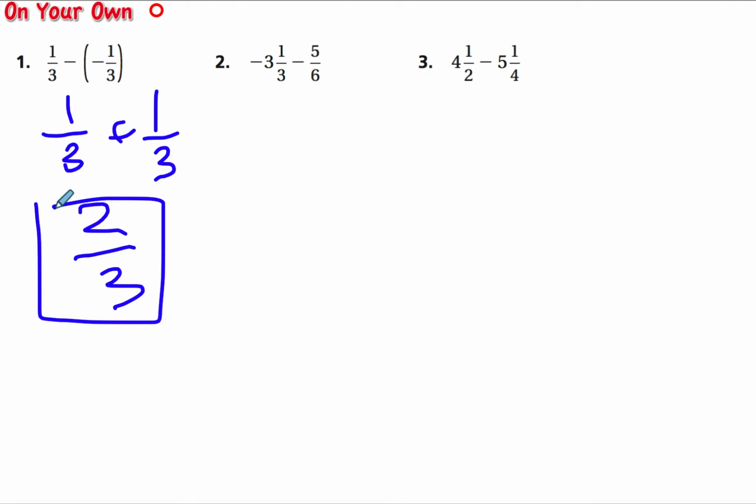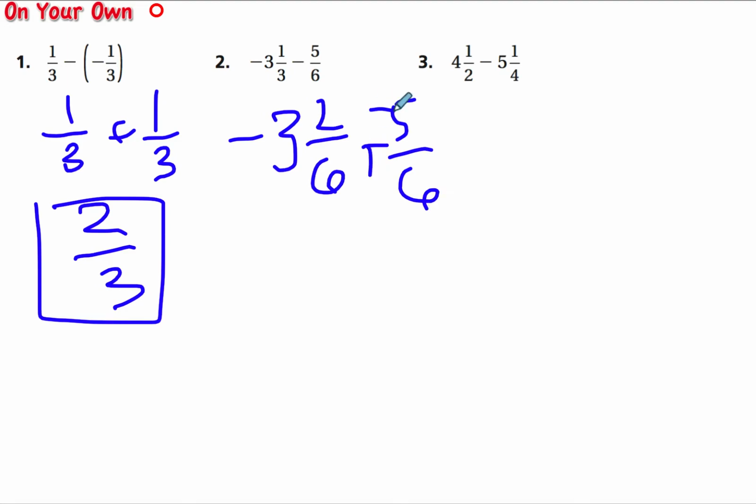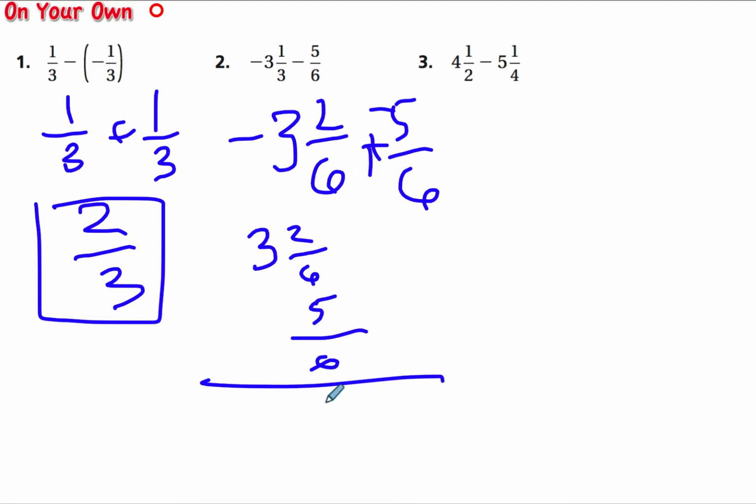Next example, negative 3 1/3 minus 5/6. You're going to need a common denominator here, and the common denominator is going to be 6. 1/3 becomes 2/6, and now we can subtract 5/6. Now these are both negative, so this is plus negative 5/6. So we can go ahead and add them. 3 2/6 plus 5/6 is 3 7/6.